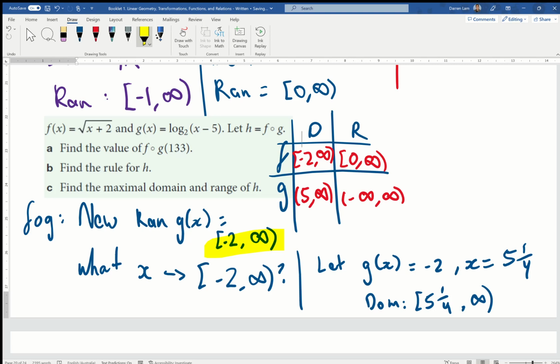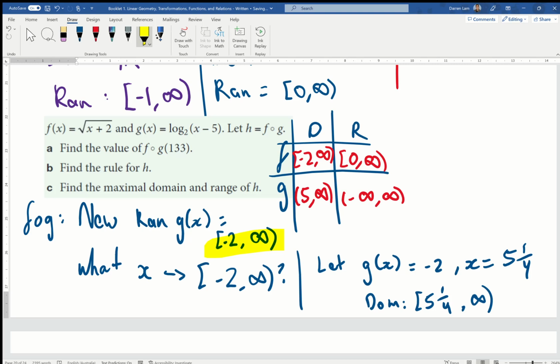So then I substitute -2, I put in g of x equals -2. You do your own solving, substitution, and you get x equals 5¼. So that means that 5¼ would be the lower value on the left side of my domain.